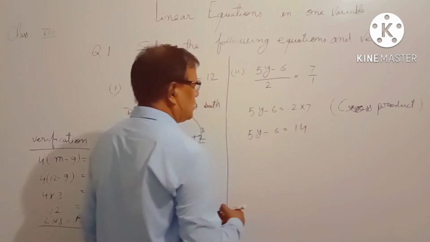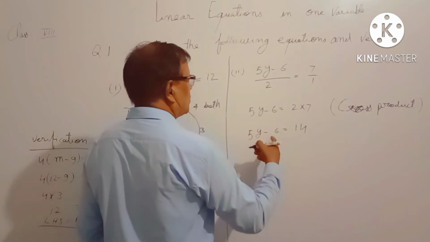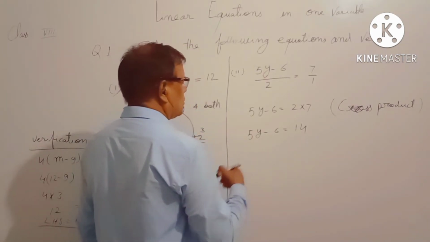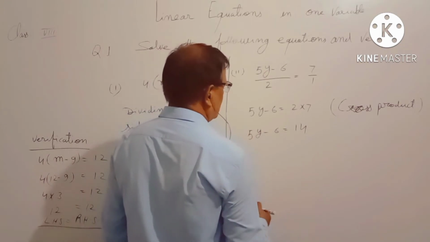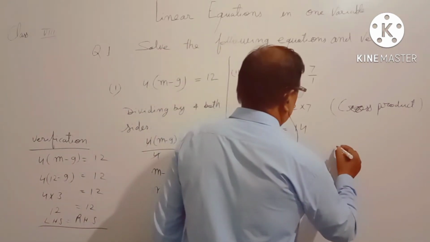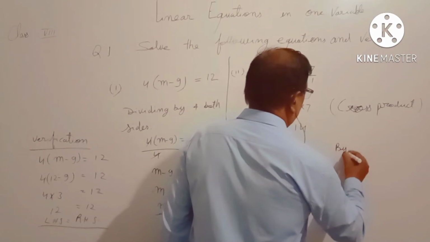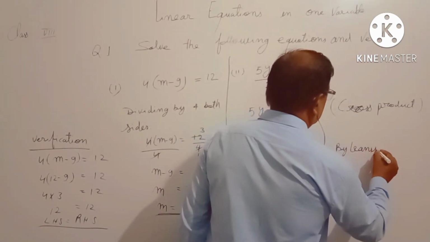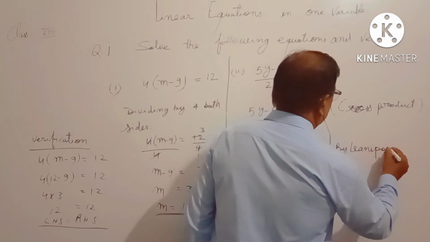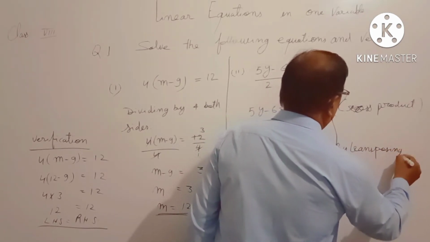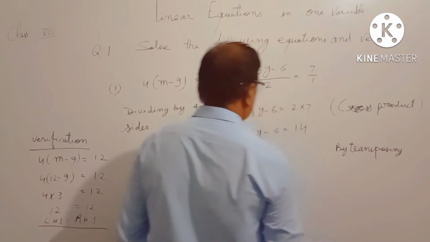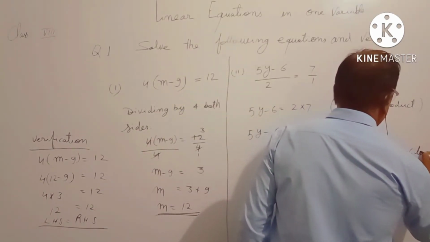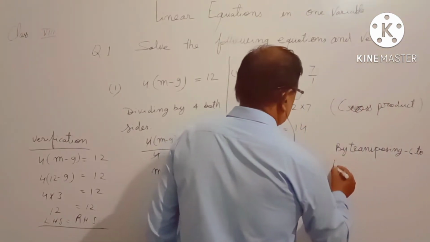Now we see here are constants and variables both, but we want to find the value of y, so we transpose minus 6 to the right side.